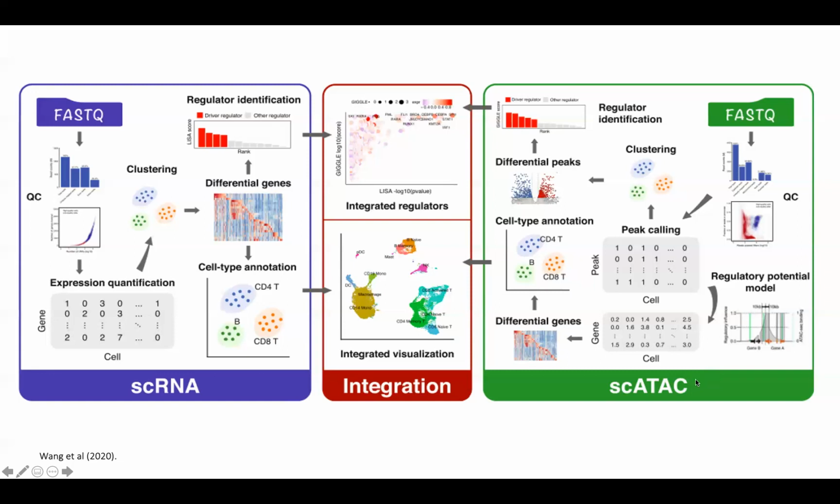Over on the single cell ATAC-seq side, it also does similar things, from the FASTQ to the point where you cluster, call differentially accessible peaks, and so on. One feature is that they developed a regulatory potential model.